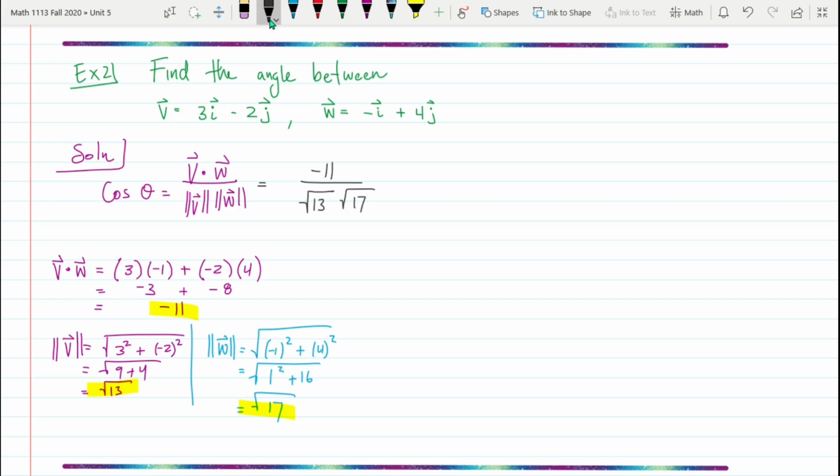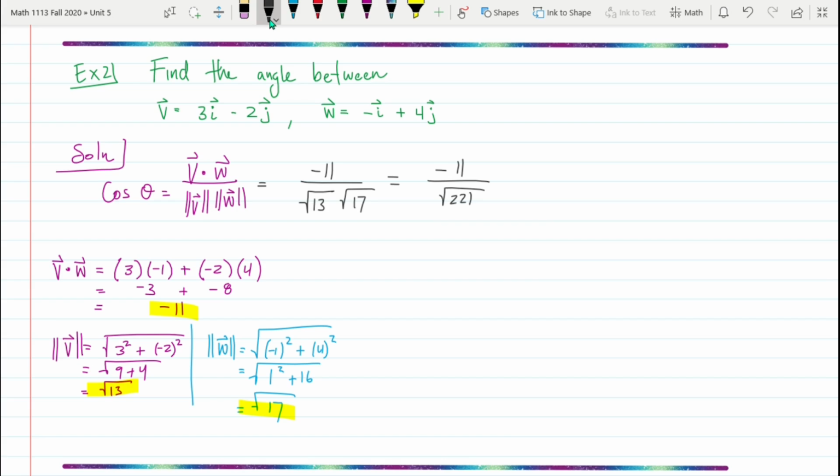You just know it's a good old multiplication, a product between two numbers. And so -11 divided by, and I can do one radical for those two. So the product between 13 and 17 comes out to be 221.